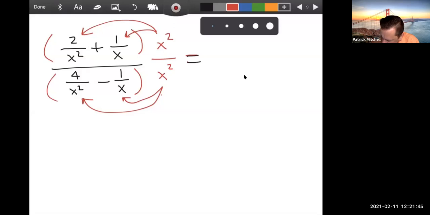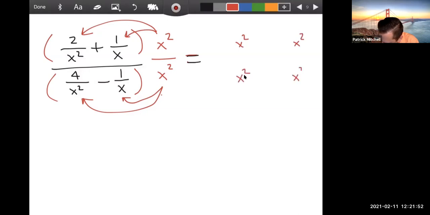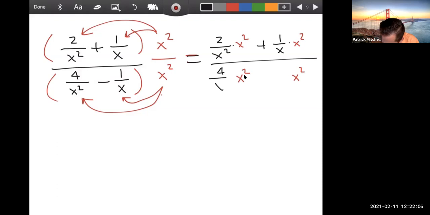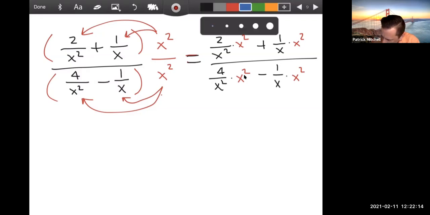So we're going to have an x squared, let's say here, here, here, and here. So 2 over x squared plus 1 over x all over 4 over x squared minus 1 over x. All right, and once again, I will sneak a 1 underneath all of those.